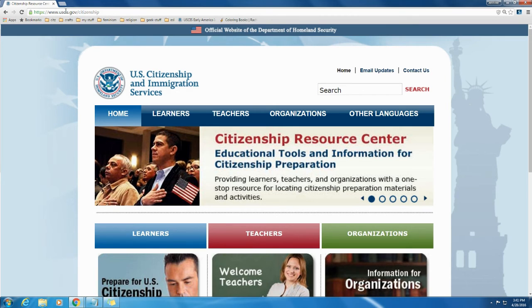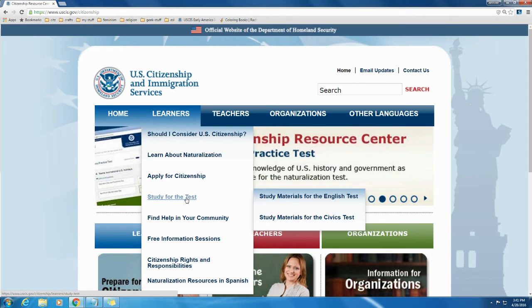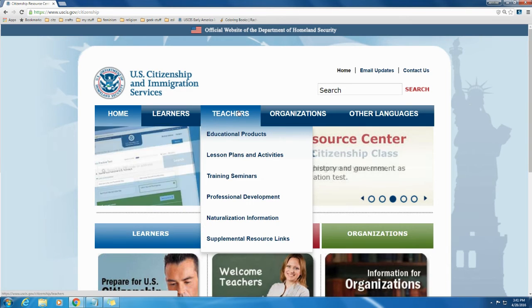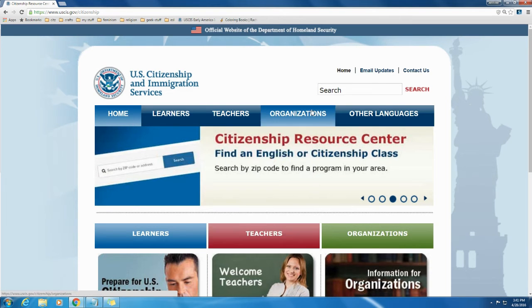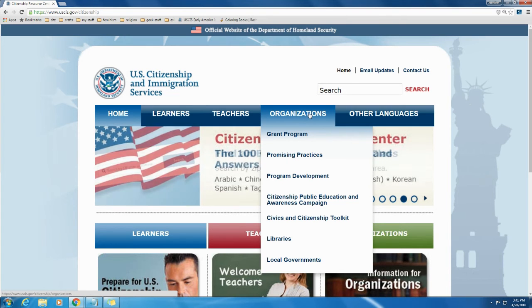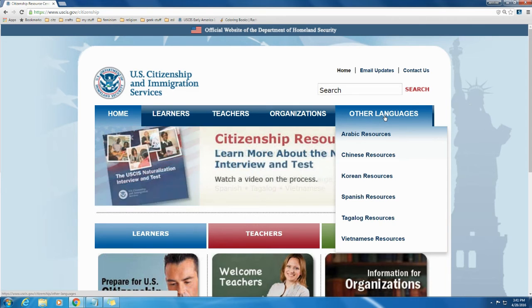Here we're now at the Citizenship Resource Center. We have information for learners. The one we're going to concentrate on today is study for the test. They have information for teachers, most notably lesson plans and activities. There's information for community-based organizations, and they have resources in other languages.